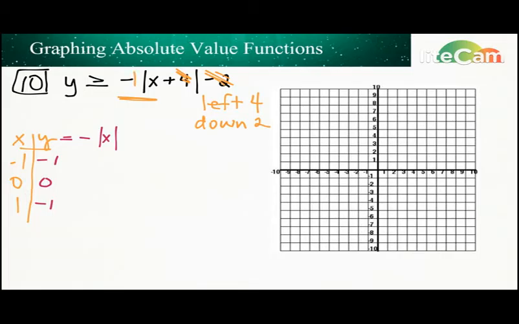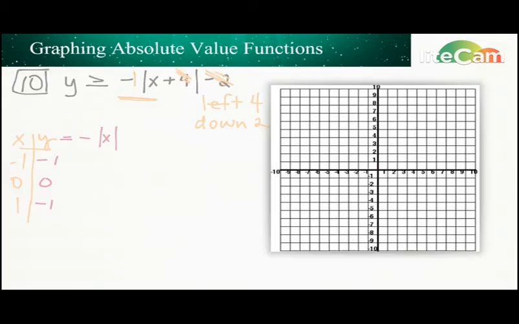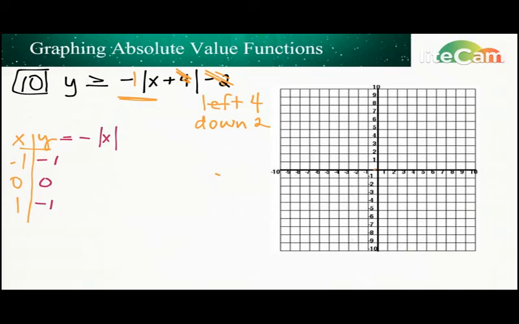Now, let's go ahead and graph this. We're going to do 0, 0. Okay, and then I'm going to shift it, left 4, down 2. I shifted all the points left 4, down 2, and now I just have to shade.